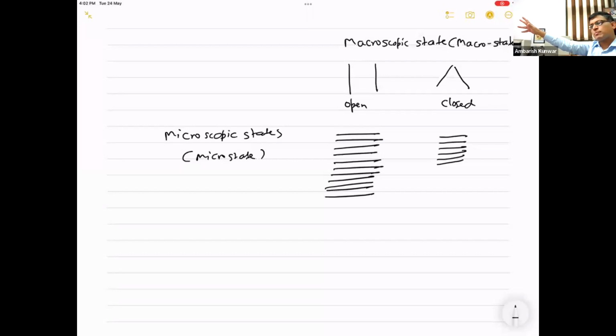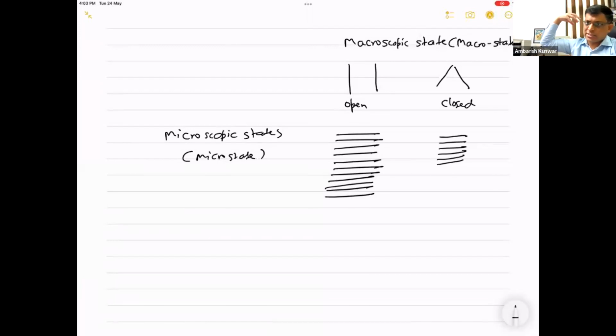The same thing also applies to this channel protein example. Each of the atomic arrangements will correspond to a different microscopic state. For example, I can create a large number of microscopic states here. Now this is the folded state of my hand, and even in the folded state, my fingers can take different possible configurations. If you look at this globally, it is a bent state, but even this bent state can consist of many different possible arrangements of the fingers.